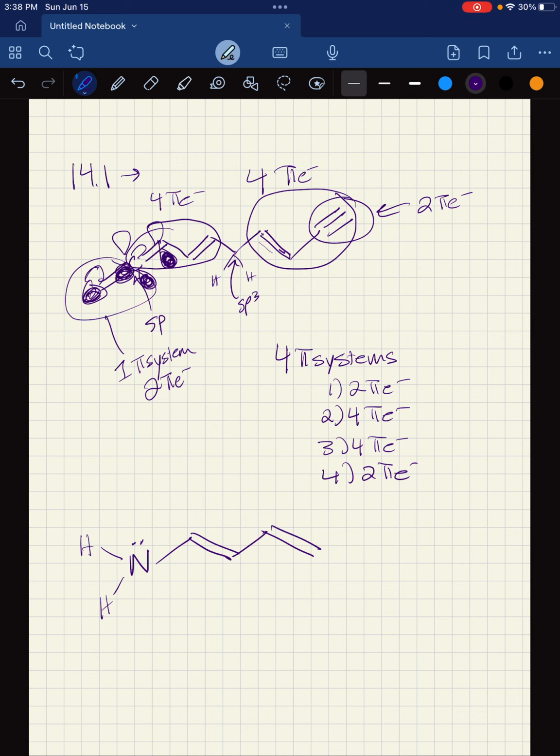But if I look at this harder, I see that I can, in fact, do the allylic anion pattern for resonance. So when I do that, what that means is that really this nitrogen atom is going to be sp2 hybridized. And I can draw another resonance structure here.